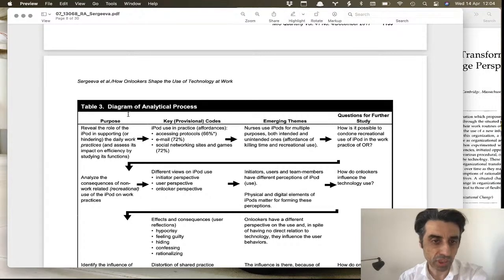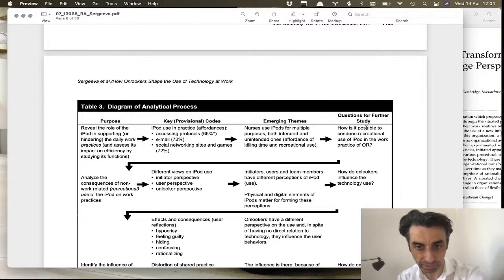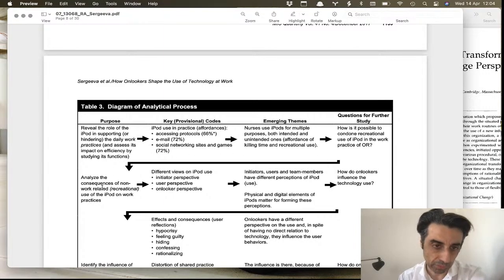Beginning with the purpose of a specific step of the analysis, the provisional codes that came out of this process, the themes and insights, and then the questions for further study. And then we go on to the next step: what's the new purpose, new codes, themes, and so on.